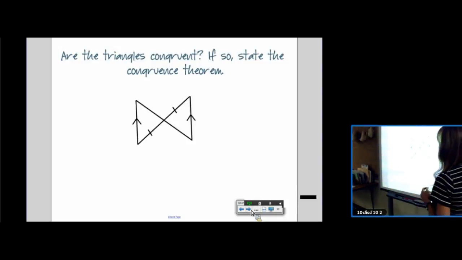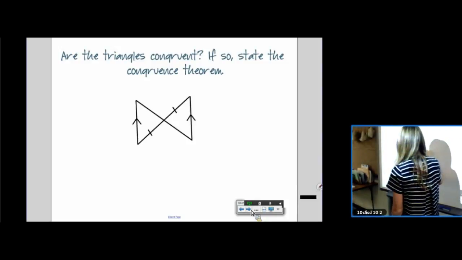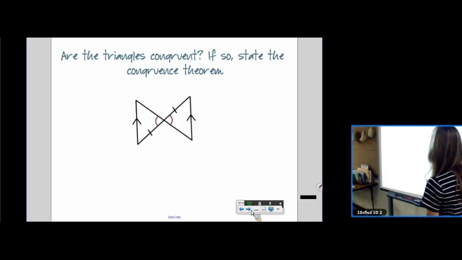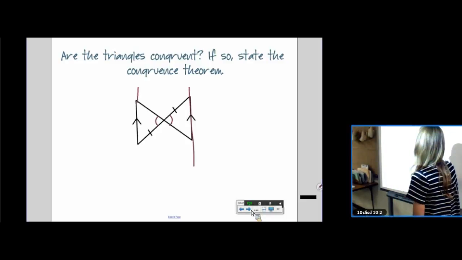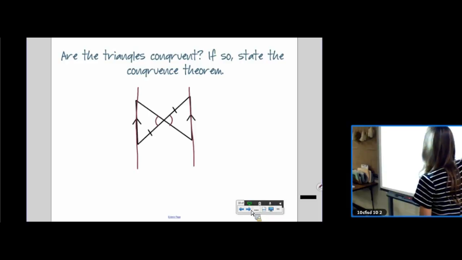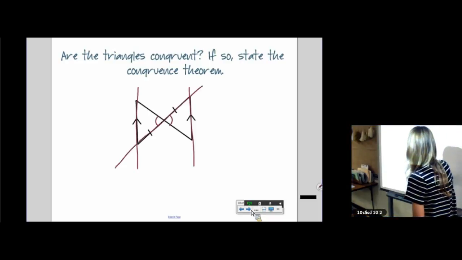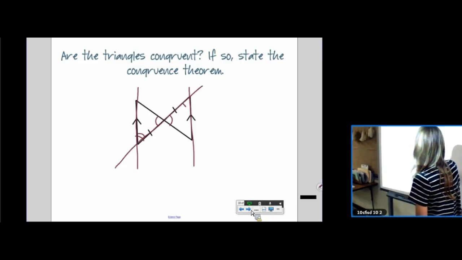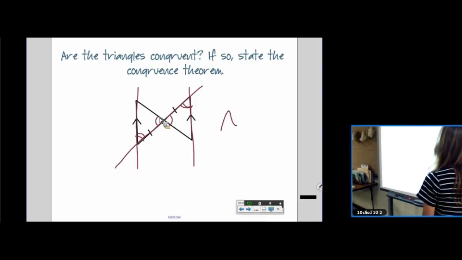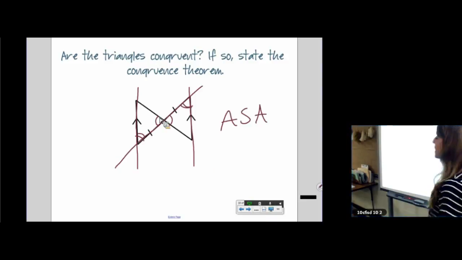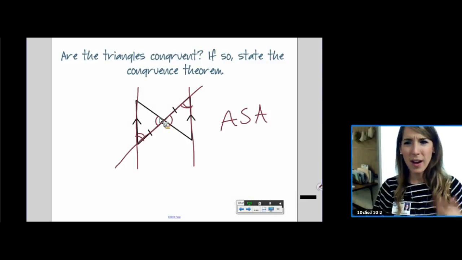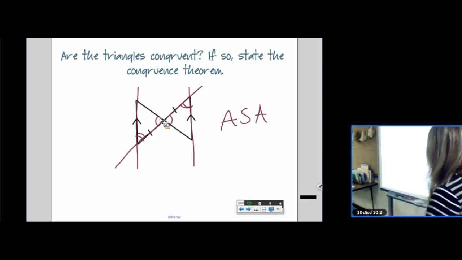Alrighty. We have vertical angle theorem. Ooh, we have parallel lines. Pick a transversal, any transversal. Alternate interior angle. So, angle, side, angle. But you might be thinking, what if I had picked the other transversal?